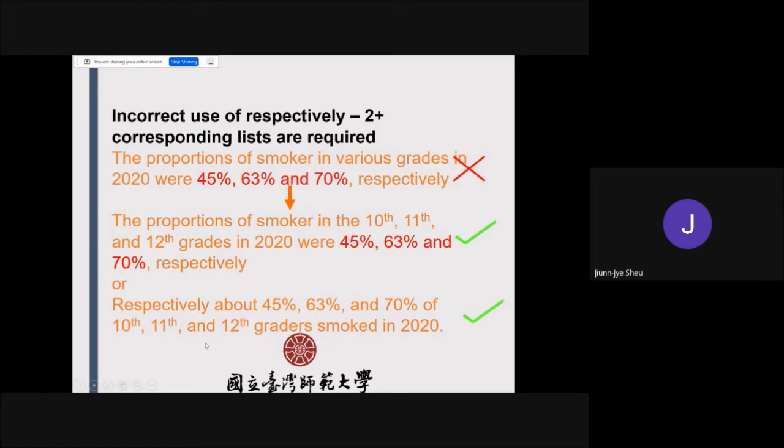Or another revision can be respectively about 45%, 63%, and 70% of 10th, 11th, and 12th graders smoke in 2020.